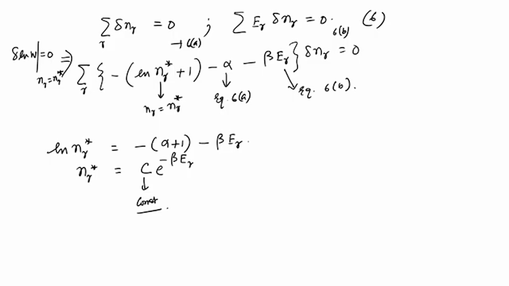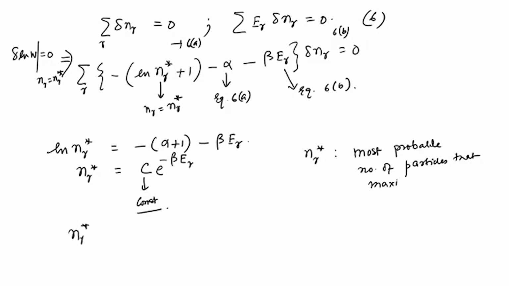NR star is this most probable value, the most probable number of particles that maximizes the distribution W.